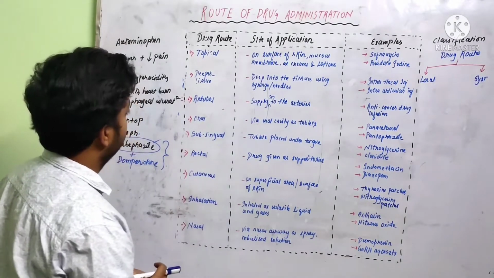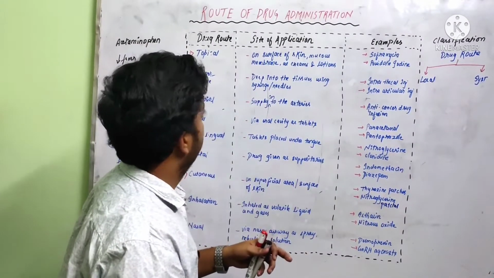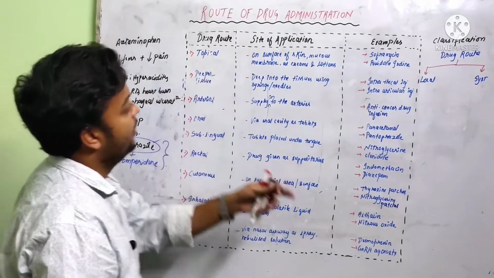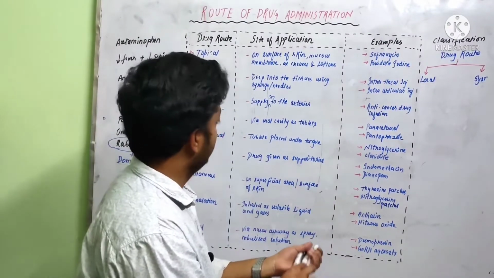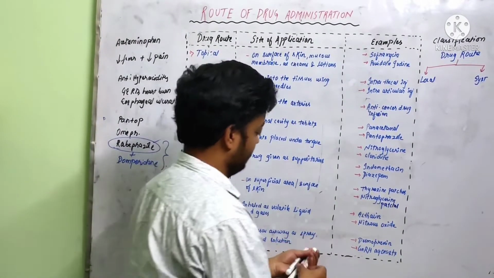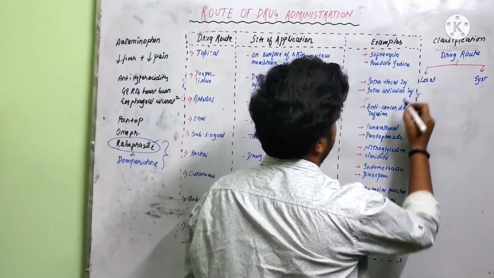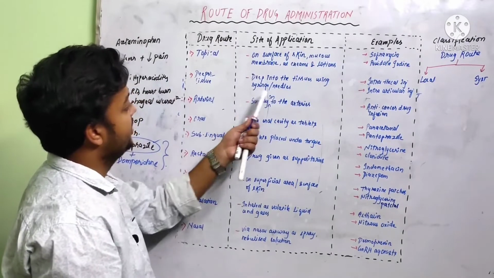Before moving to sublingual, we'll also complete the chart. In the local route, what are the classifications? You know topical, that means on a particular area, for example soframycin. So topical comes under the local route of drug administration. Then we have deeper tissues, that is using syringe and needles.